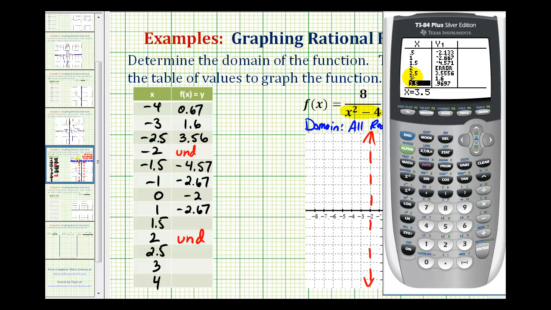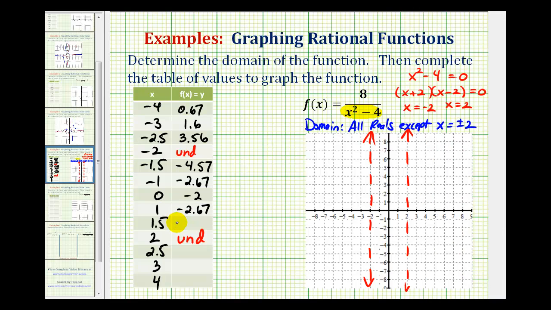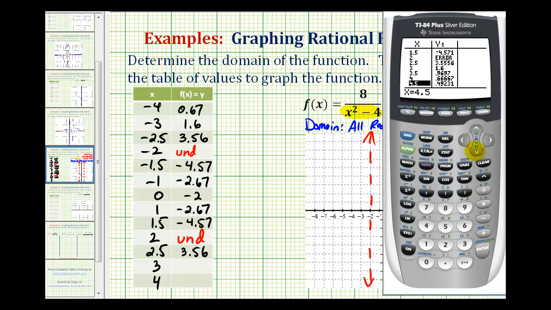And at 2.5, it's approximately 3.56. And then at 3, it's equal to 1.6, and at 4, it's equal to approximately 0.67.